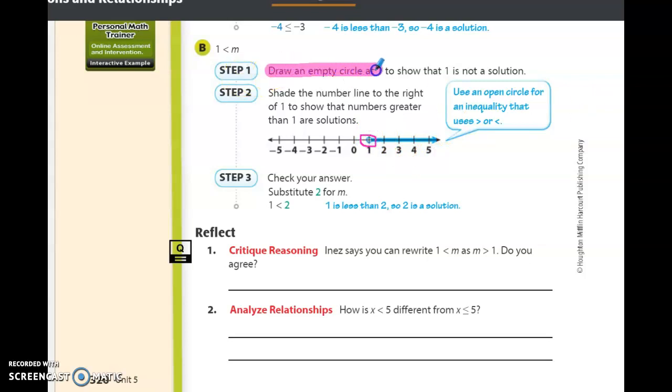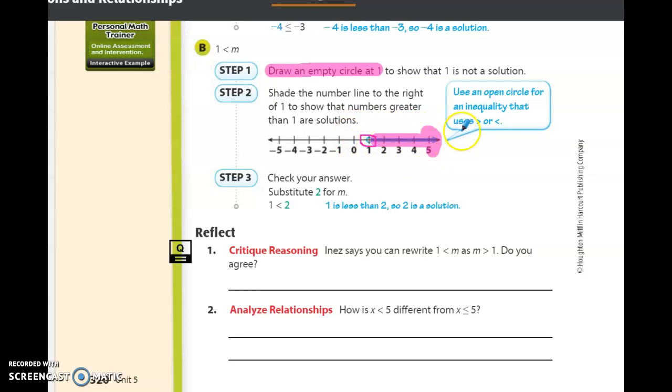Draw an empty circle at 1 to show that 1 is not a solution. In the last problem, we colored it in because -3 could be a solution, but in this instance, 1 cannot be a solution, so we leave the open circle. But then we still shade everything because m has to be bigger than 1. So it's not 1, but it's anything bigger.